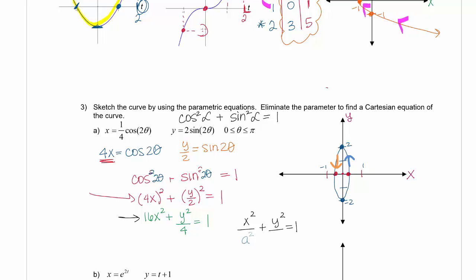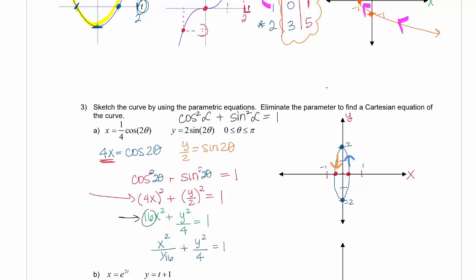And then whatever is below the y, that looks like maybe a b squared, I move in the y direction the square root of b squared, or b. Okay, so I'll show you what that looks like here. And you can certainly Google ellipses if this isn't making sense. So I have x squared over 1/16, because again, instead of multiplying by 16, you can divide by its reciprocal, plus y squared over 4 stays the same, equals 1.